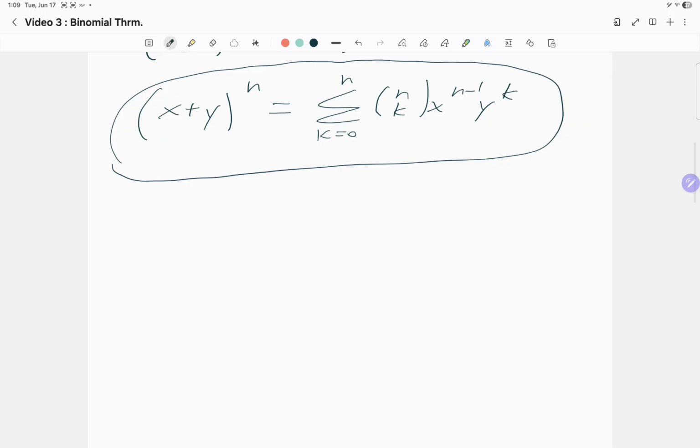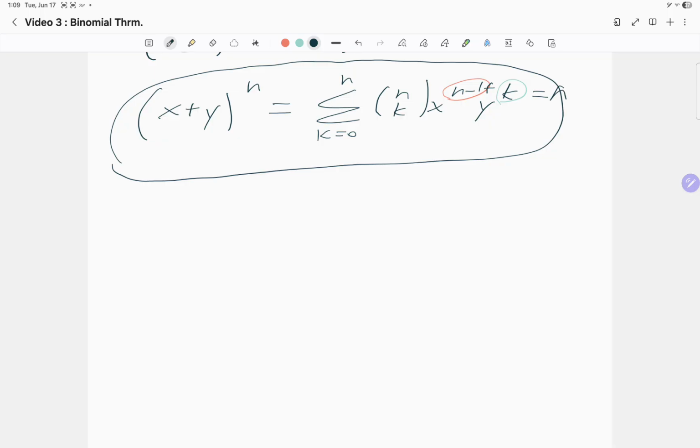As we do the calculation, there are some major things to note here. The two exponents of the x and y terms are always going to add up to n, the total power that we saw here.